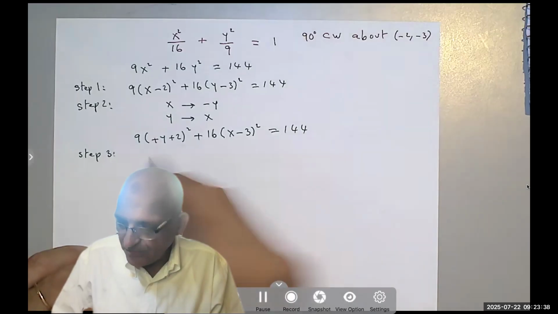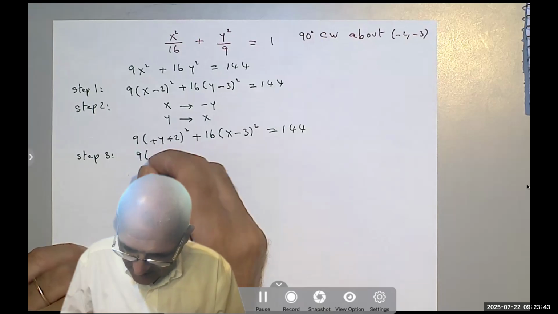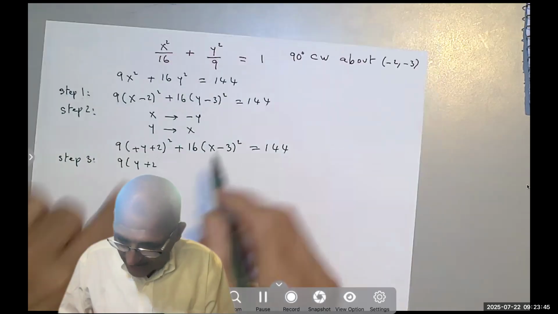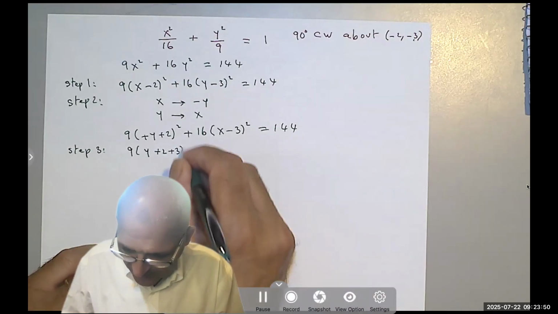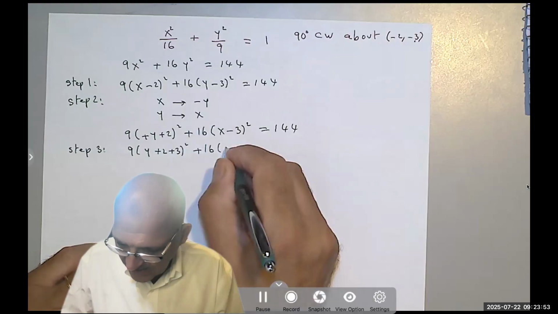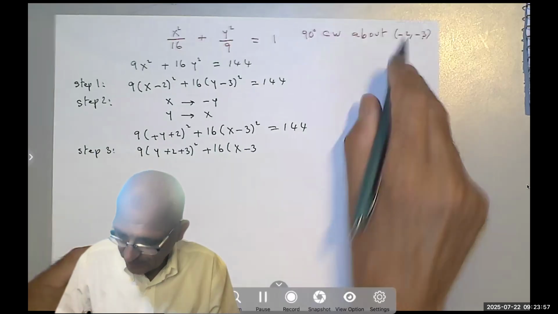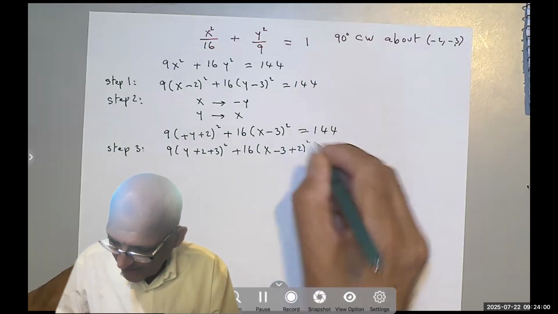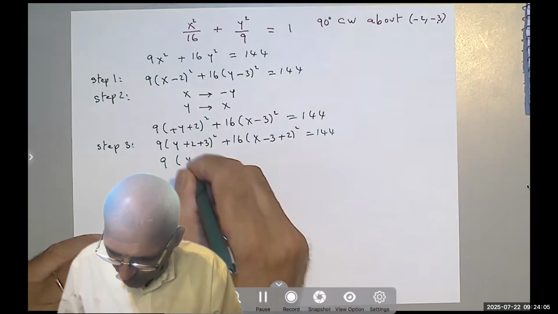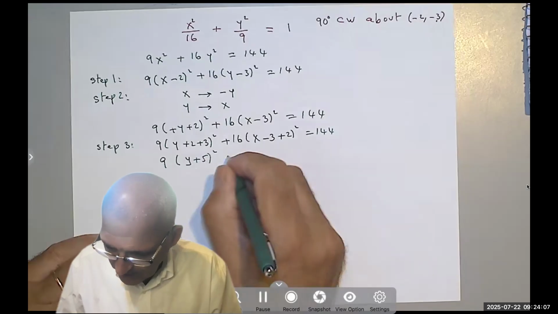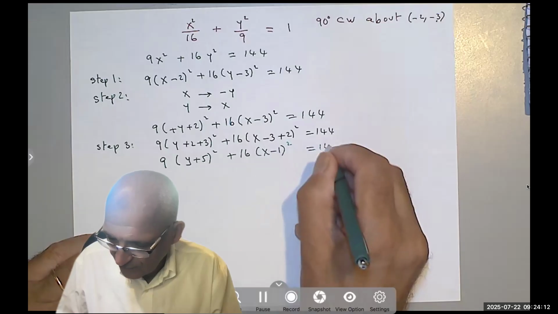So at the end of the day, we are going to subtract these. Notice, this is a y plus 2. A y meaning I'm going to subtract -3. So it would be +3 squared plus 16 (x, let's say the -3), and then I'm going to subtract -2, meaning I'm going to add it, squared equals 144, meaning 9 times (y plus 5) squared plus 16 (x minus 1) squared equals 144.